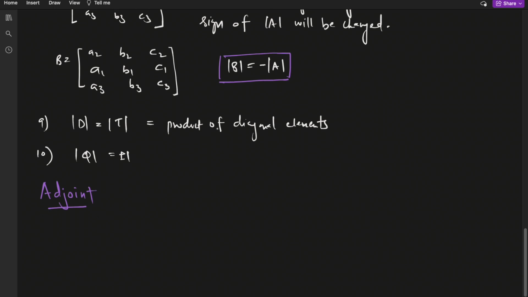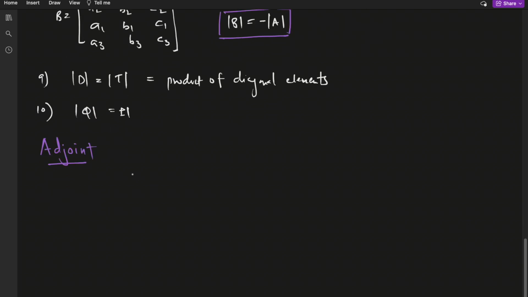It's very simple, by the way. For example, we have this matrix A, which is A11, A12, A13, where this represents the position, then A21, A22, A23, A31, A32, A33.